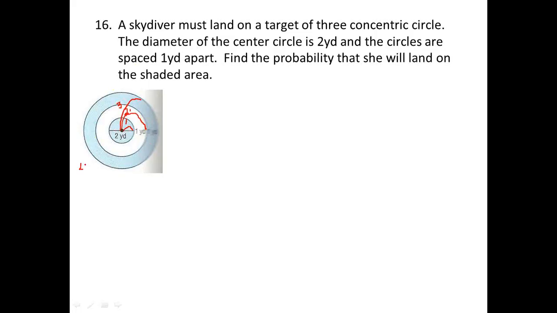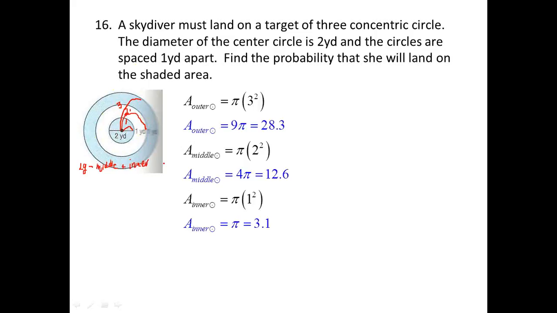So I've got the large, cut out the middle, and add back in the inner, the small one. So that's going to be how I'm going to find the area of the shaded area. And there's my radii for each of the respective circles. So there's the outer, the middle, and the inner one.